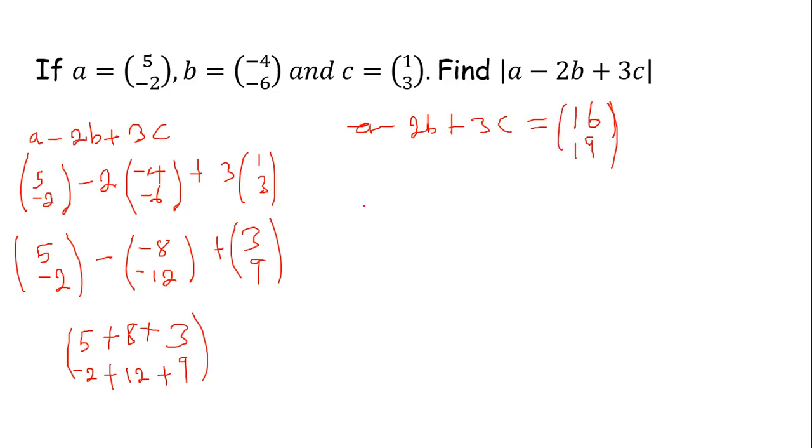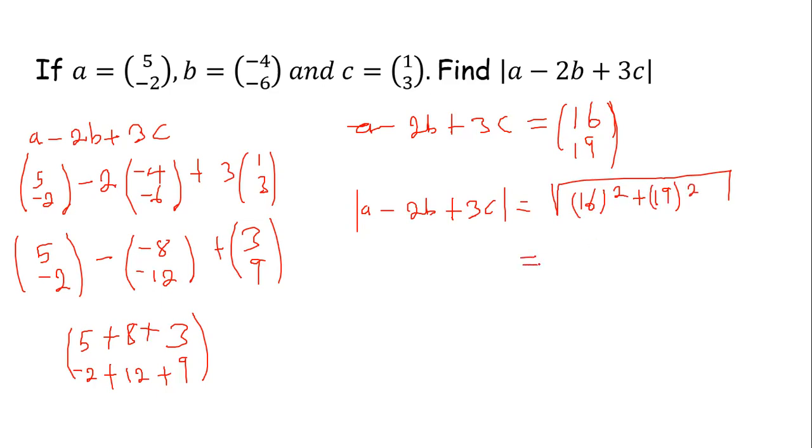Then now the magnitude of A minus 2B plus 3C will be root of 10 squared plus 19 squared. Then we get this from our calculator.